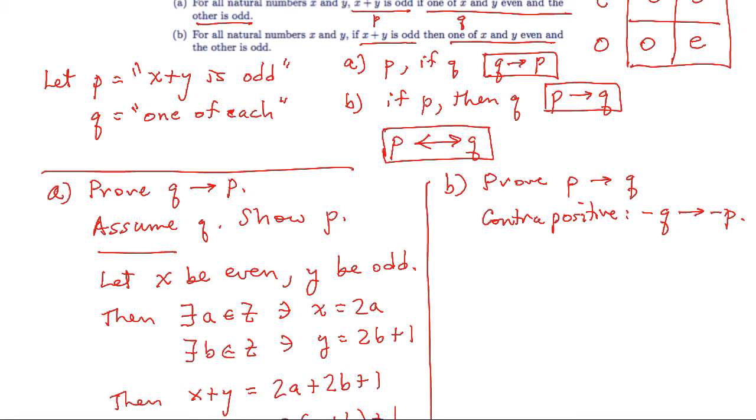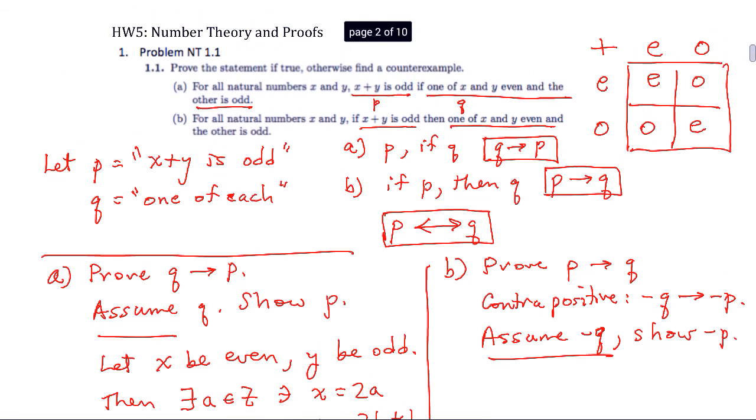That is, if not Q, then not P. Okay? So we assume not Q, and we show not P. Okay? So not Q means we don't have one of each. Well, if we look at our possibilities, we've got 4 possibilities.